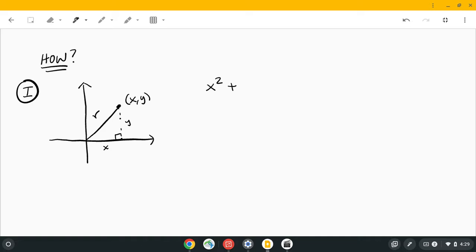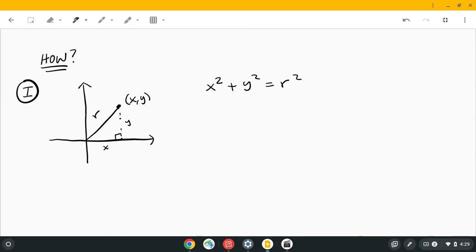First of all, let's take a look at the first definition of trig functions that connects x, y, and r. So by Pythagorean, if I drop a perpendicular there, then I know this is an x distance and this is a y distance. And so we see here that because we have that right triangle, x squared plus y squared equals r squared.